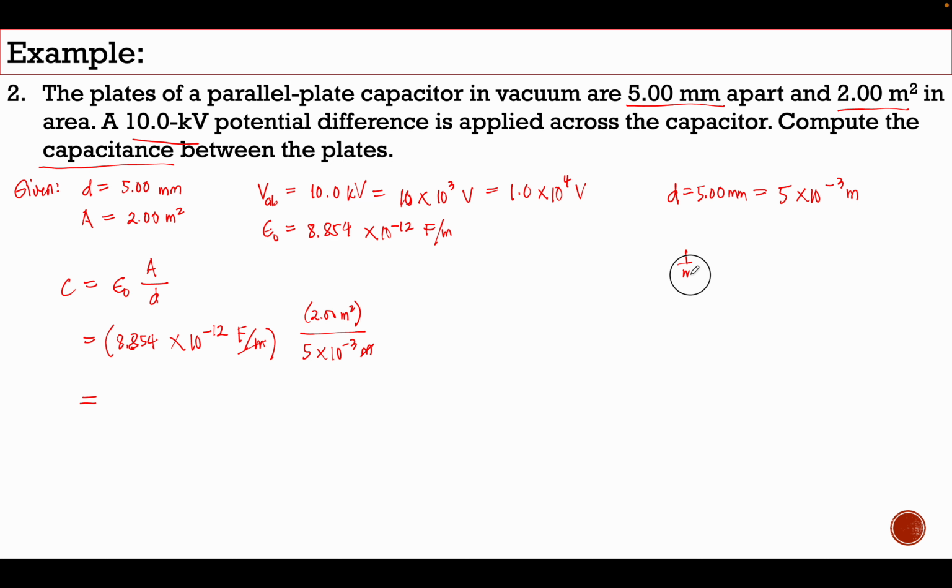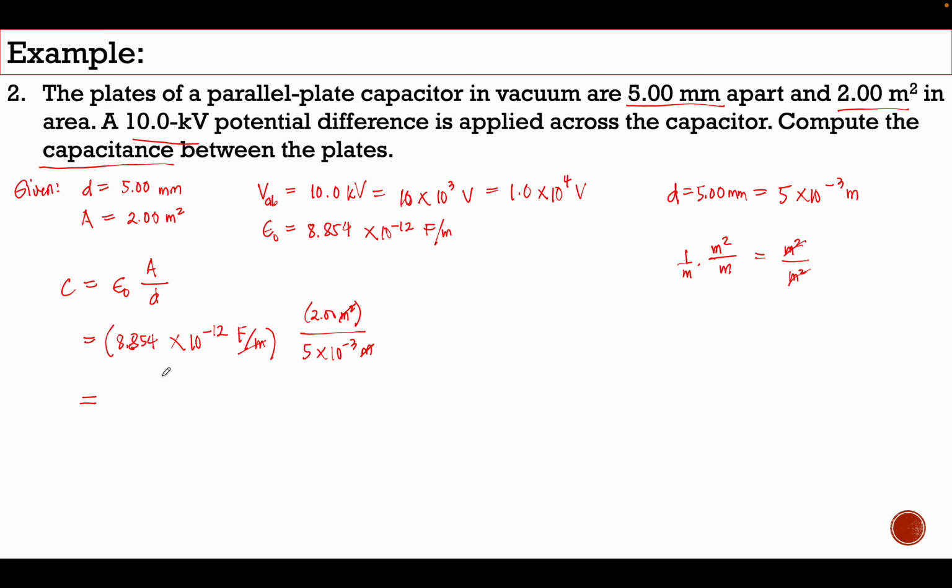So 1 over meter times meter squared over meter. So it becomes meter squared over meter squared, which will be cancelled out. So our unit that remains is in terms of farad or farads.